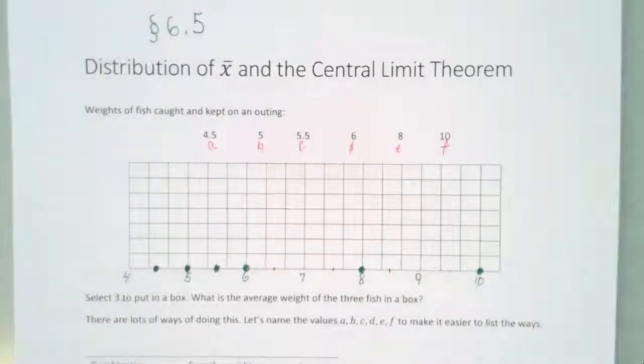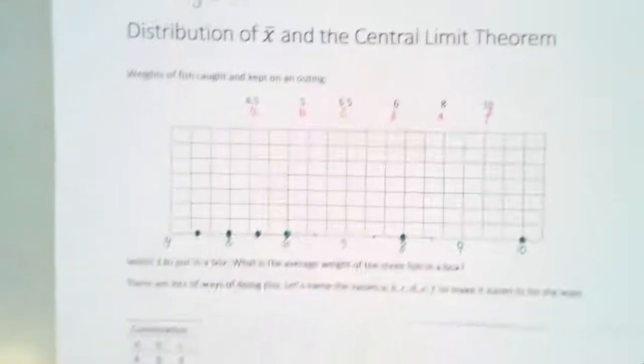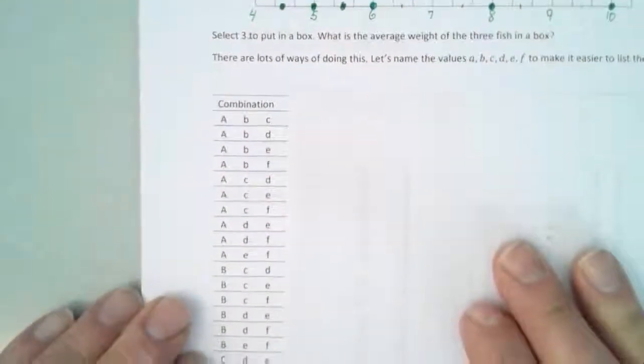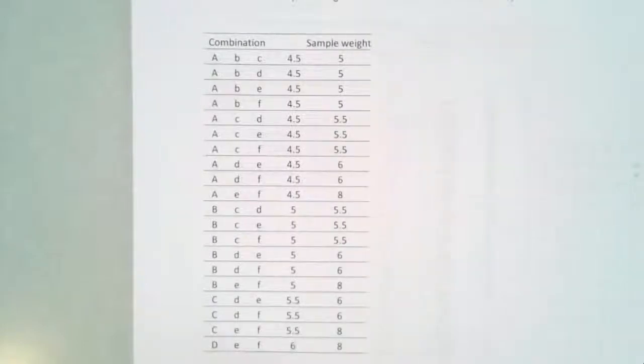And if we do that, you'll find there are these possibilities for grouping the fish 3 at a time. And then we could replace each one of these letters by the corresponding weight.